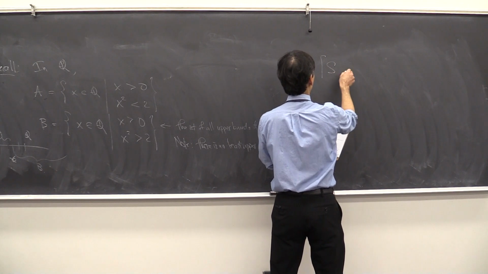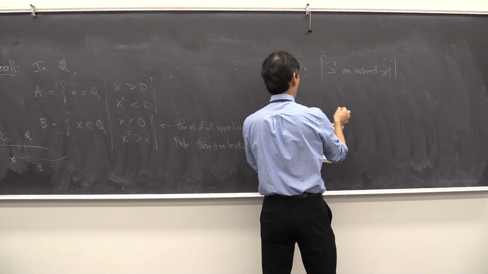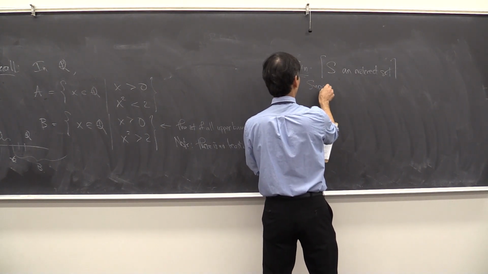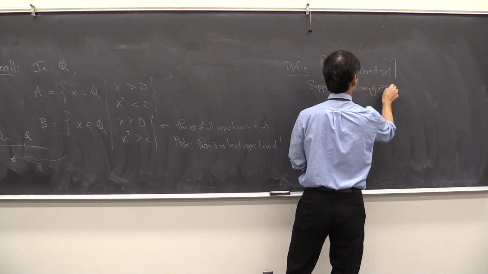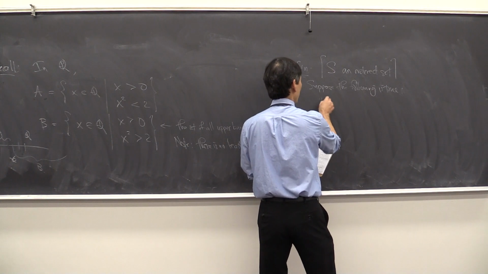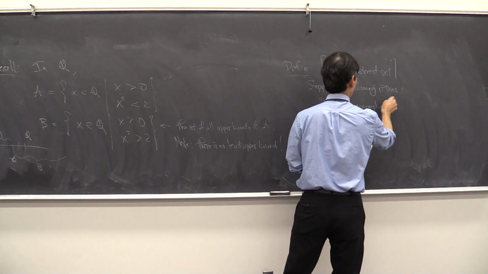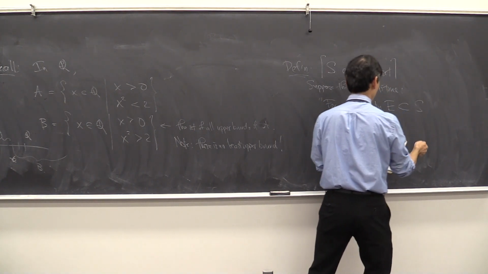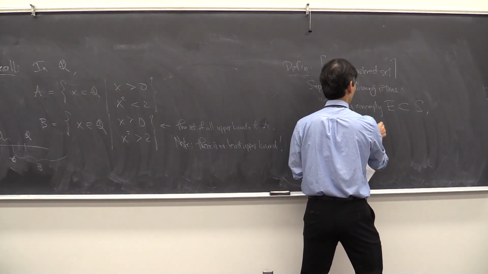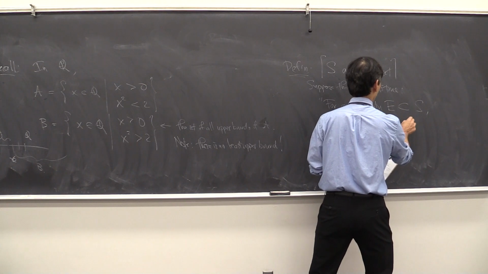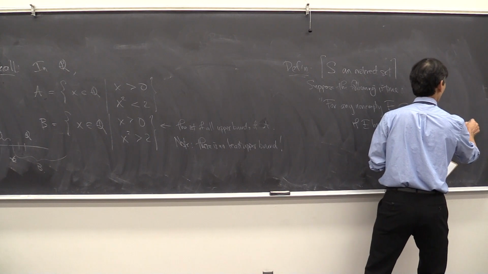Here it is. Let S be an ordered set. Suppose the following is true: that for any non-empty set E in S, if E has an upper bound, then E has a least upper bound.